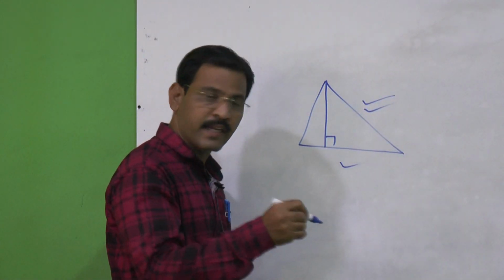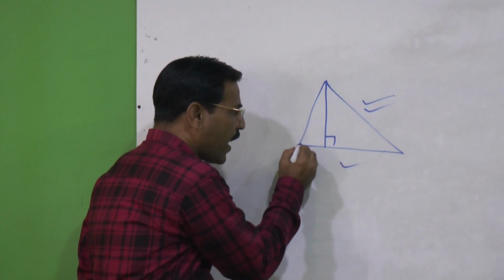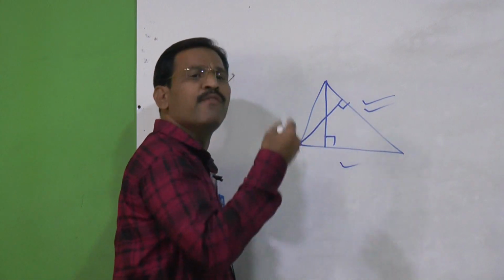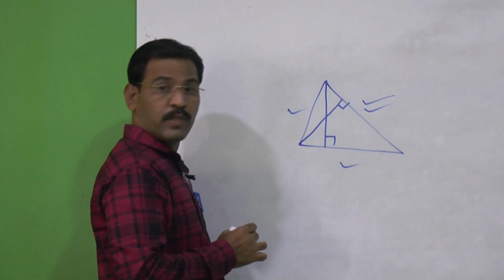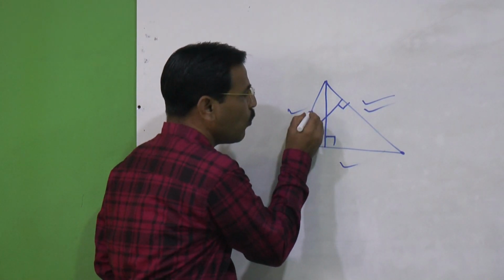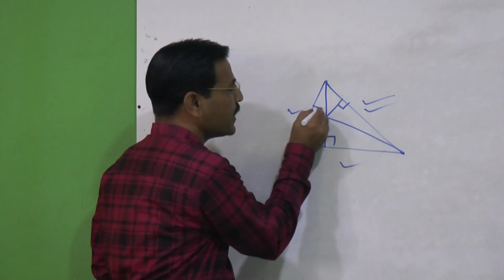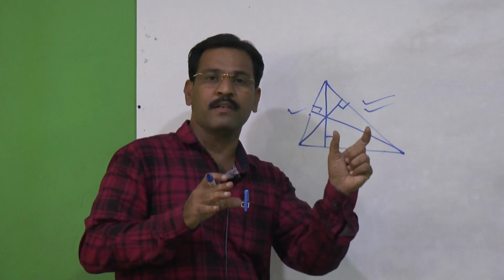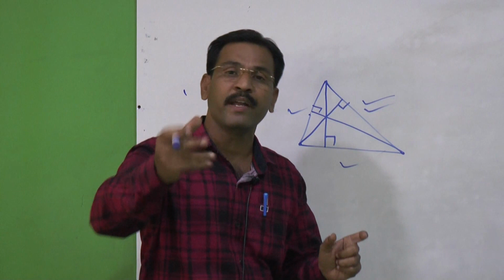Then we have to take the height from the opposite vertex of that base; this is called the height. If we take this as a base, then from the opposite vertex of that base, from this point to here, we have to draw one altitude, and that is nothing but the height. That means if we take any base, then we have to take its corresponding height.